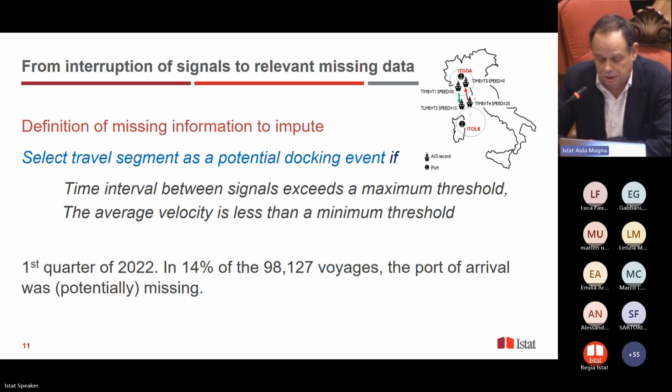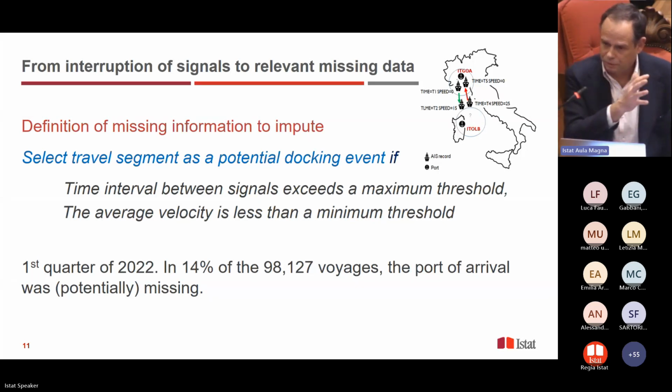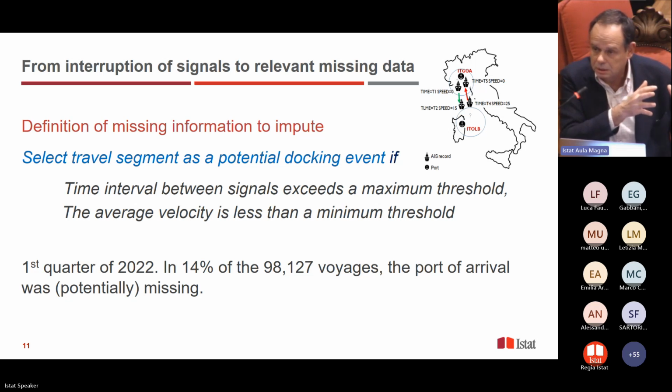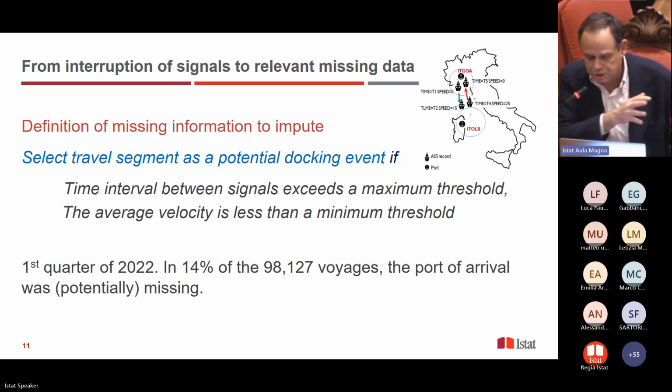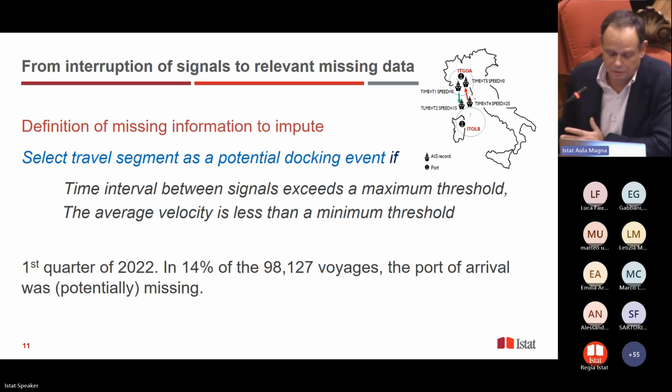We need to take into account when we will use it in the production process. But for the interruption of signals, we need to transform these interruptions into what is a problem for our statistics. So I wrote here from interruption of signals to relevant missing data.